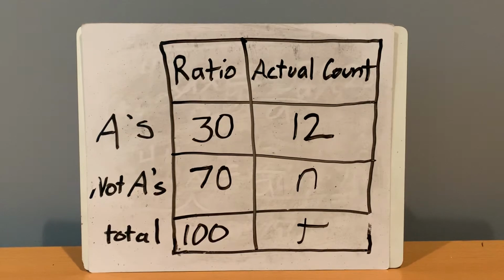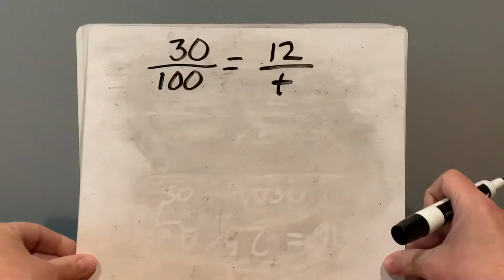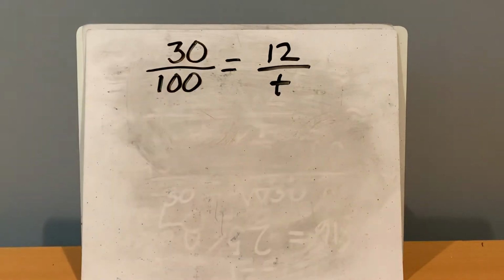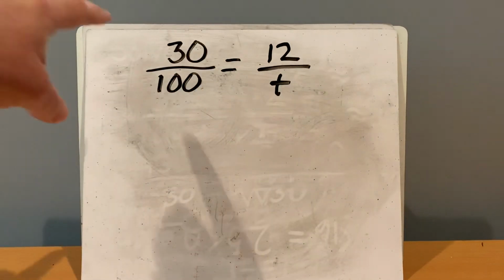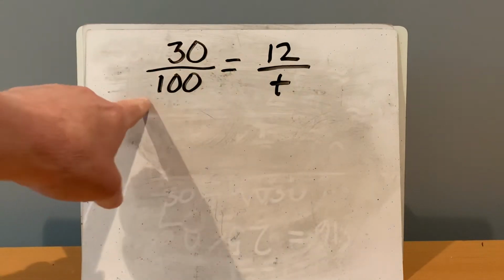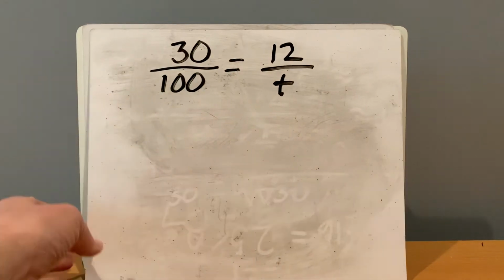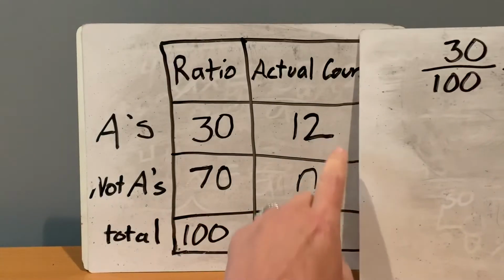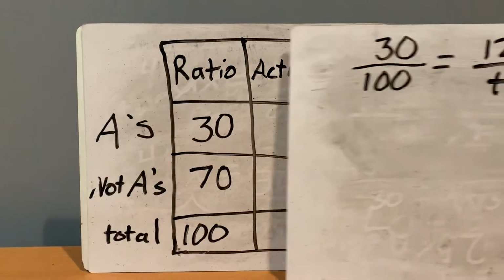Now that we've constructed our ratio box, we can go ahead and make a proportion. So our ratio would be 30 over 100 equals 12 over T, because we know 30 of the total group, which is 100%, earned an A. So 12 earned A's of the total group.